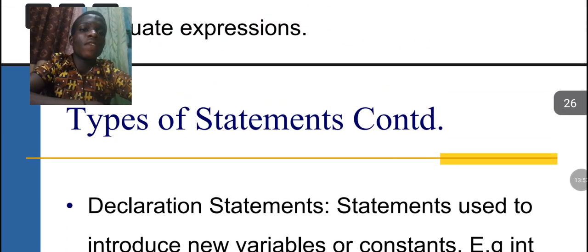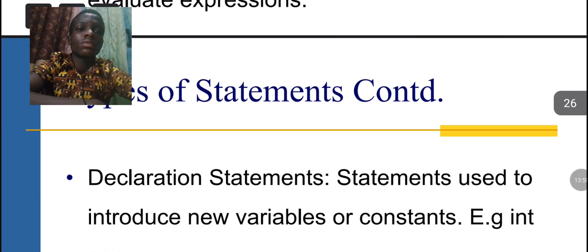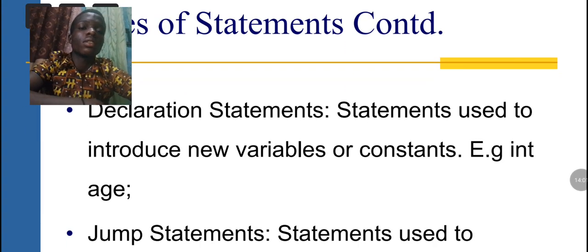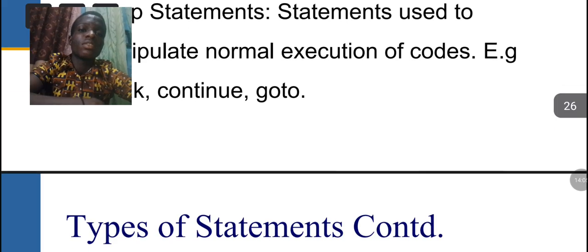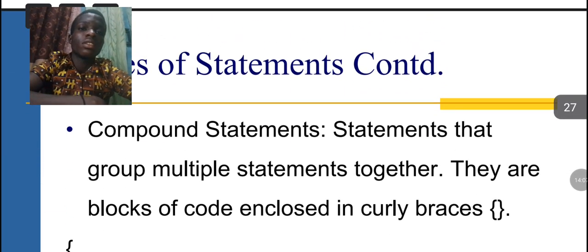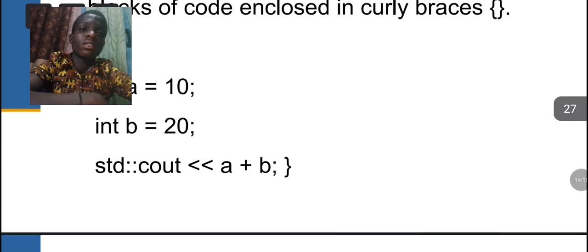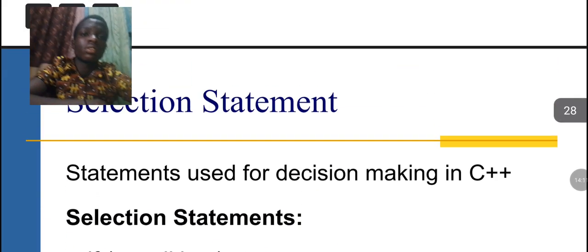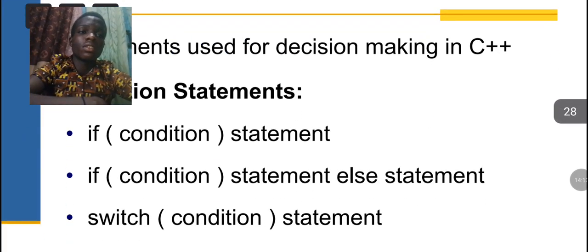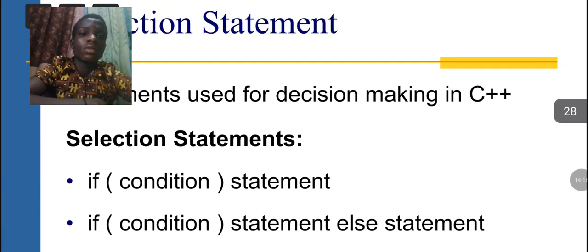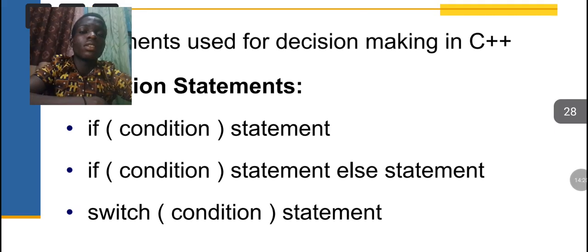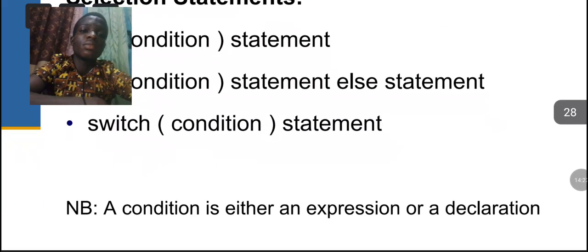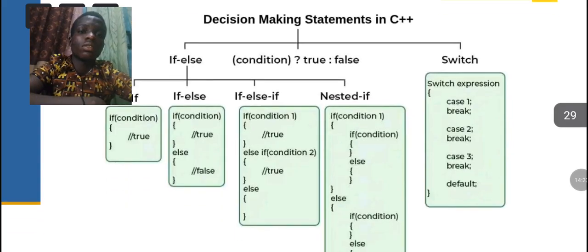We also have declaration statements, jump statements, and compound statements. So here are examples. Selection statement, used for decision making, that's if a condition is true then statement.